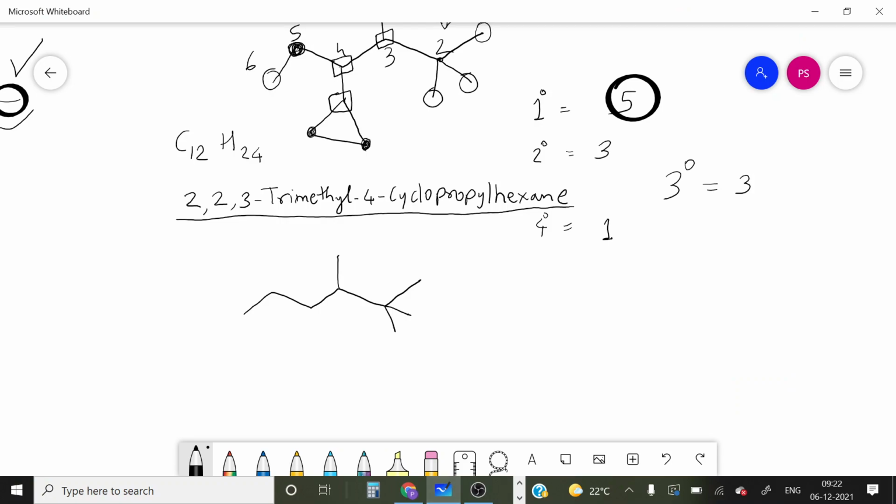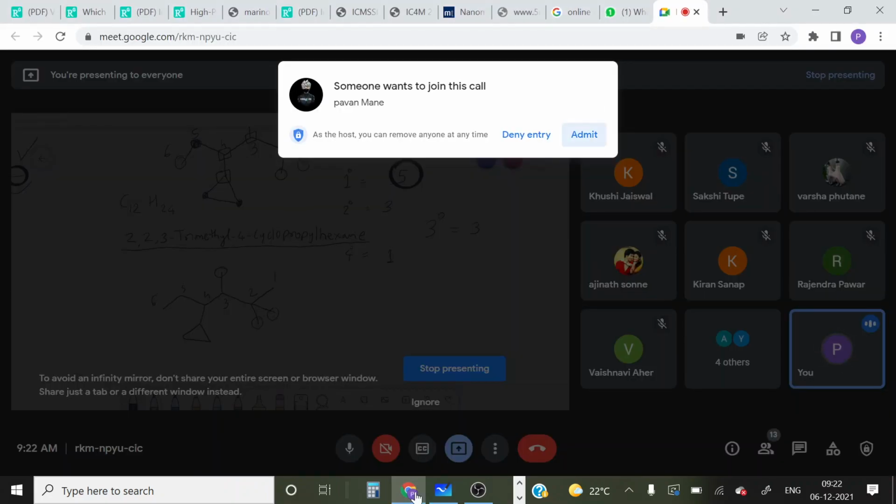Now select the longest chain. I will put here cyclopropyl ring. Okay, select the longest chain, 1, 2, 3, 4, 5, and 6. Okay, now you can see here at second and third position methyl groups are there. How many methyl groups are there? 3.